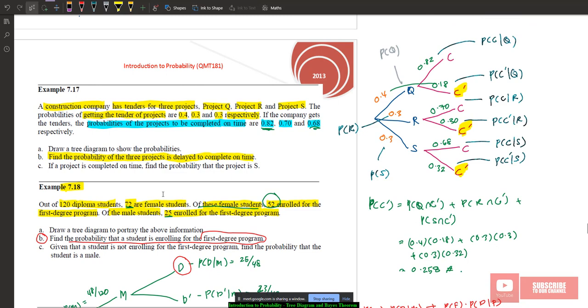So now, let's look at example number 7.17. We already drew a tree diagram. We already know the probability that the project will be delayed.